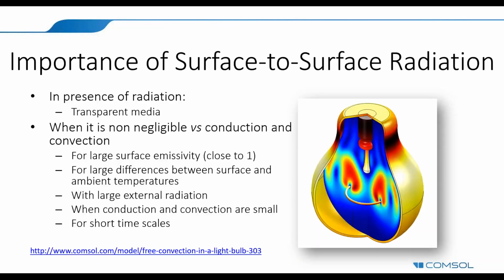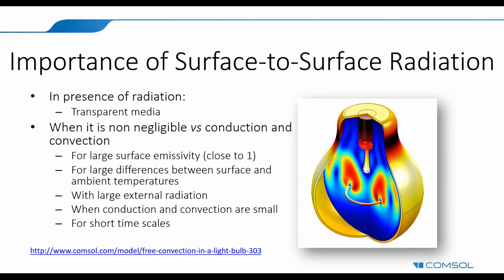And of course, when conduction and convection are small. One very obvious example is a space application with a vacuum between objects, where there is no conduction or convection. It's just the radiation that can exchange energy between two objects separated by vacuum.